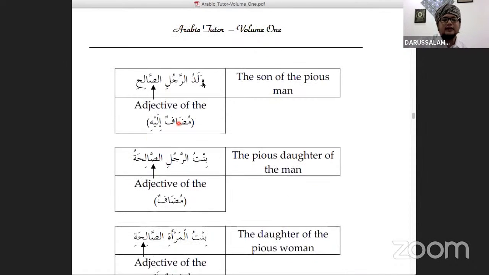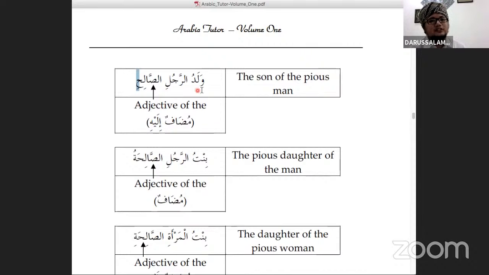Okay, in this case, waladur rajuli as-salihi. See that? Waladur rajuli as-salihi. Okay, in this case, as-salih is the adjective, the sifat of rajul, of a rajul, you see?